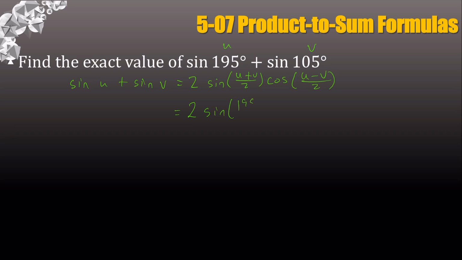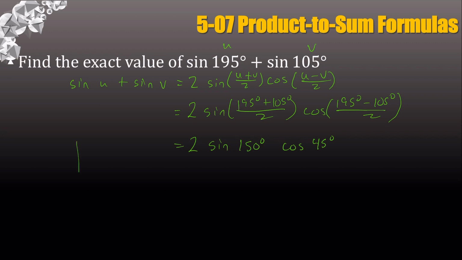This would be 195 plus 105 over 2, and 195 minus 105 over 2. Well, 195 plus 105 is 300, divided by 2 is 150. 195 minus 105 would be 90, divided by 2 is 45.